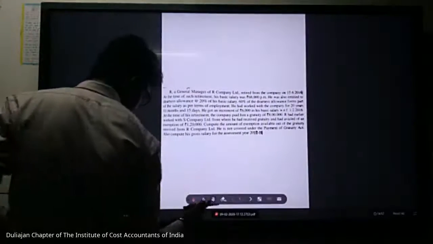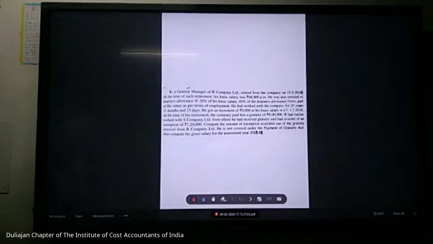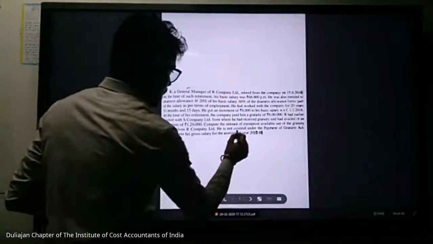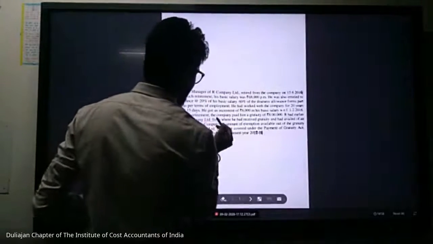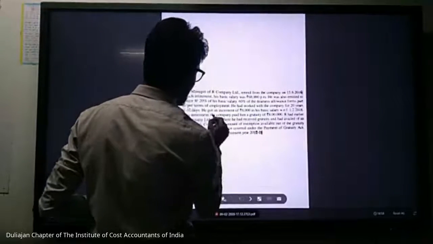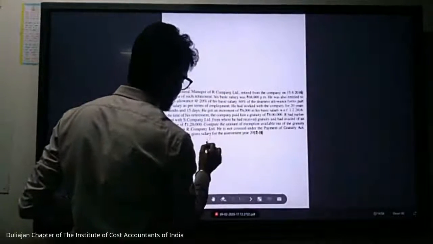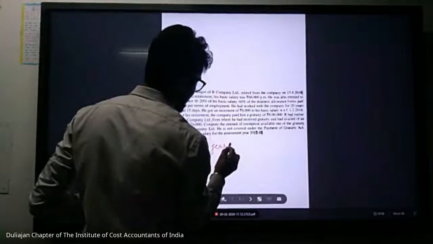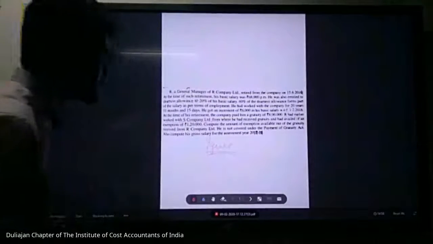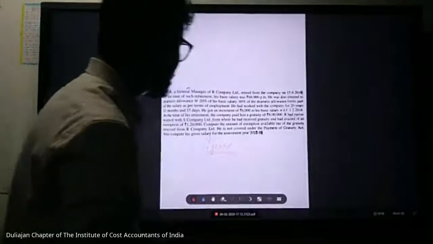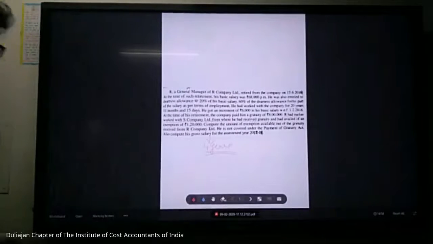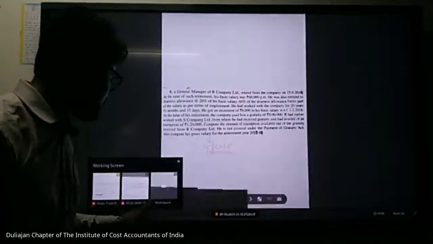Here is one thing that I want to tell you before solving this. The person R had earlier worked with S company. The number of years are not given. Suppose the number of years was 4 years. Suppose in the question it is given that the person has worked with S Limited, his earlier company, for 4 years.